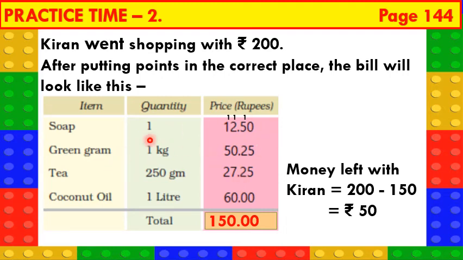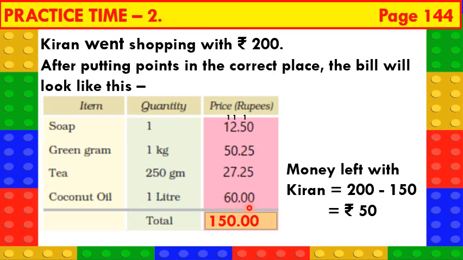1 soap for rupees 12.50, 1 kg green gram for rupees 50.25, 250 grams of tea for rupees 27.25, 1 liter coconut oil for rupees 60.